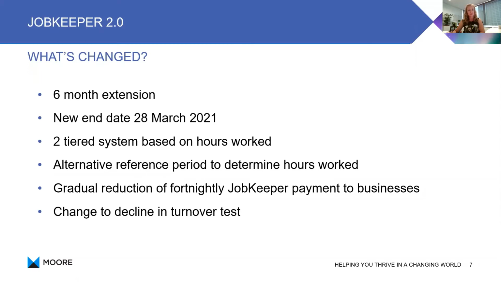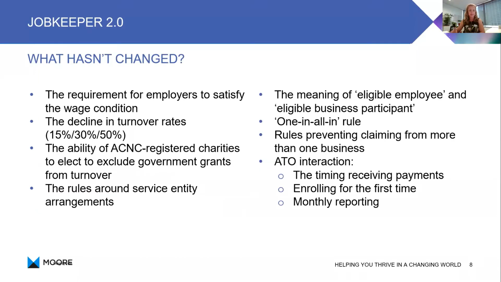So a couple of things have changed, but I'm going to tell you what hasn't changed because that's going to make your life hopefully a little bit simpler. What hasn't changed? The requirement for employees to satisfy the wage condition. Remember, that's the requirement to make a payment of at least a minimum amount of JobKeeper in the JobKeeper fortnight. There are concessions in there for different pay cycles, but essentially it was $1,500 a fortnight.